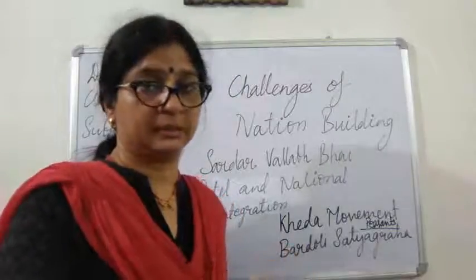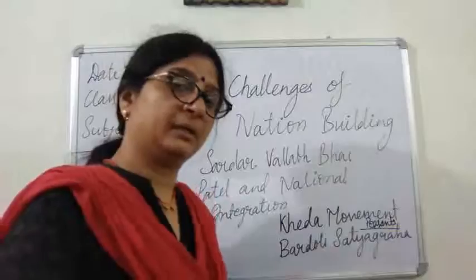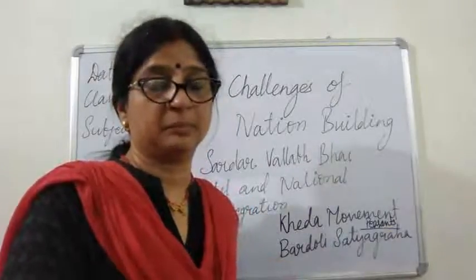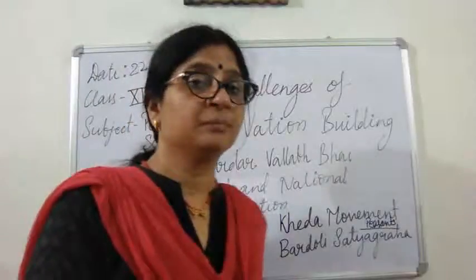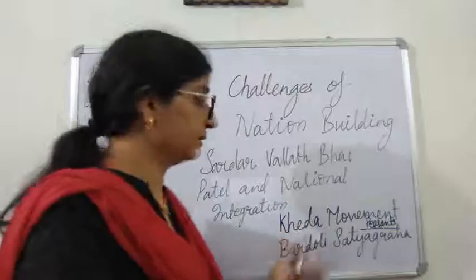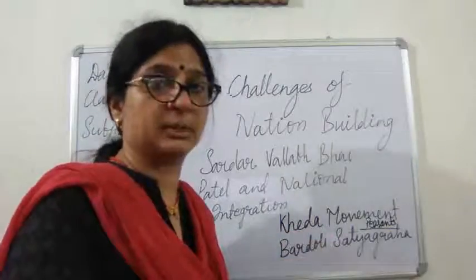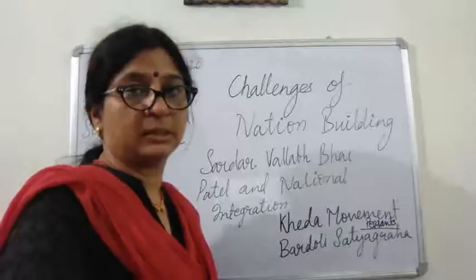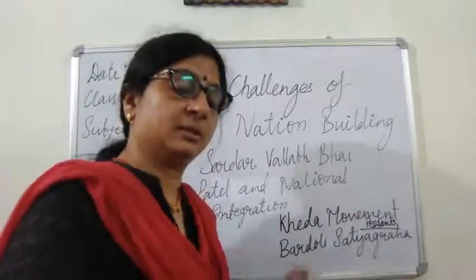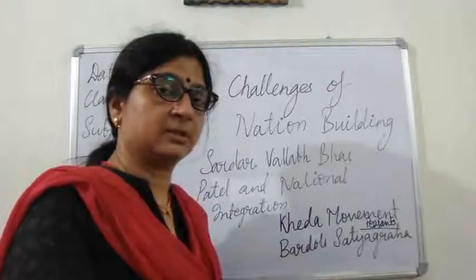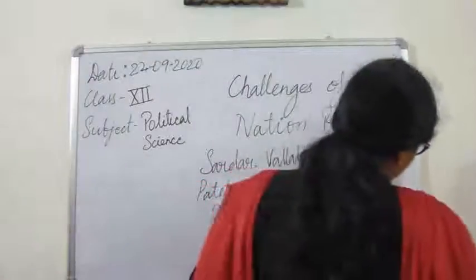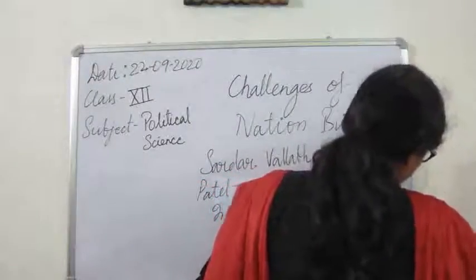They had to pay a lot of rent, and the government was exploiting the farmers, so the farmers were against the government. In this Kheda movement, Kheda, which is in Gujarat, Sardar Vallabhbhai Patel is closely associated with this movement, and this happened in the year 1918.